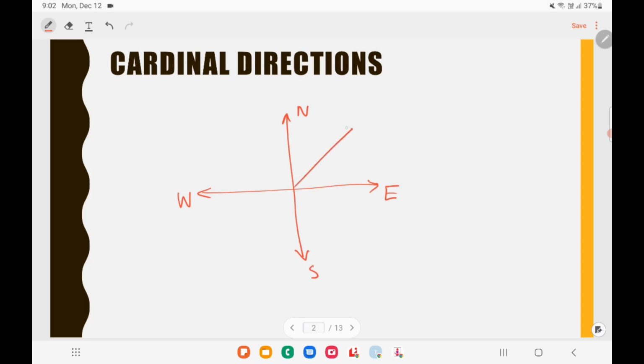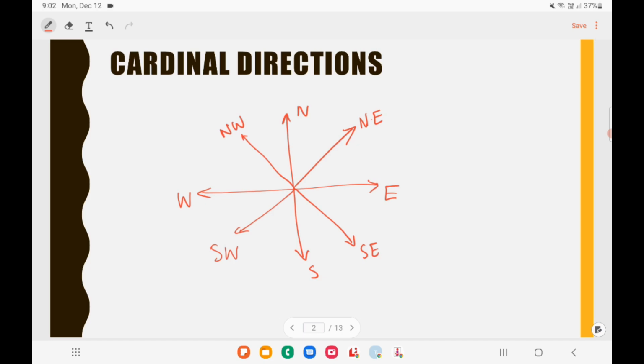And if you have someone going in this direction, you will say that he is going in the northeast direction, and this direction is southeast, this direction is southwest, and this direction is northwest. So in this way you will be able to draw the diagram for some questions.